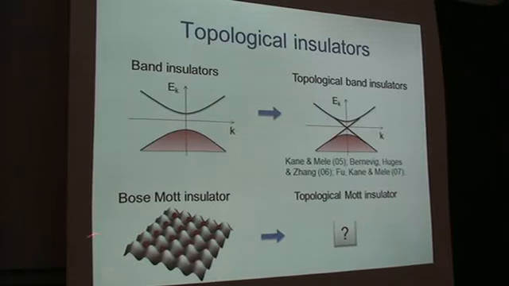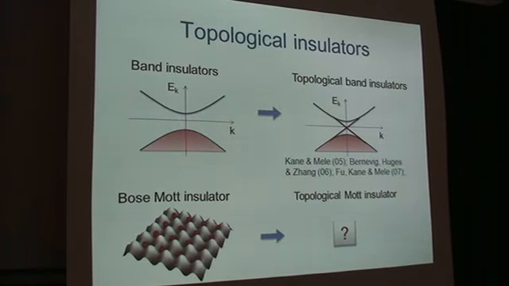So already getting an insulator of bosons is not completely trivial, and you have to make a lot of efforts, and experimentally it was done in the last decade by Immanuel Bloch's group, and then by many other groups. So it's enough to make the interaction sufficiently strong so that the bosons at some point want to localize. But if you look at the state itself, it's quite trivial, because it's adiabatically connected to a state where there is just exactly one boson on every site. It's site factorizable. Everything is very simple.